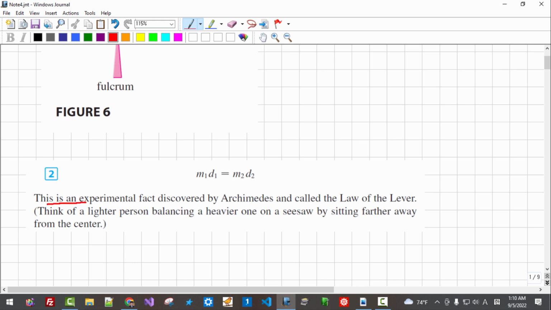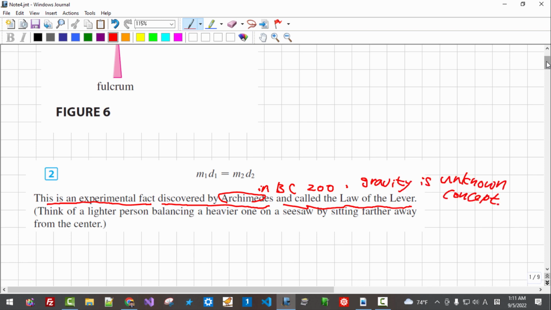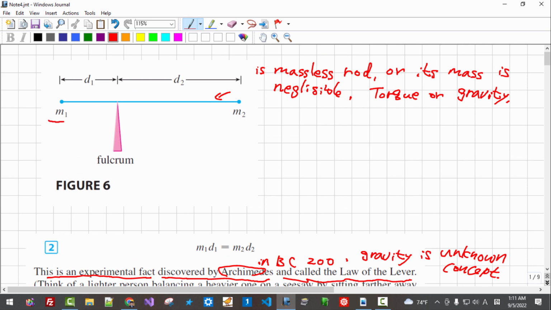This is an experimental fact discovered by Archimedes and called the law of lever. Okay? Archimedes is a Greek in BC 200. At that time, gravity was not a known concept. Now scroll up. This body M1 will create a turning effect.